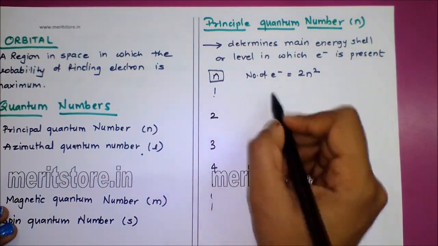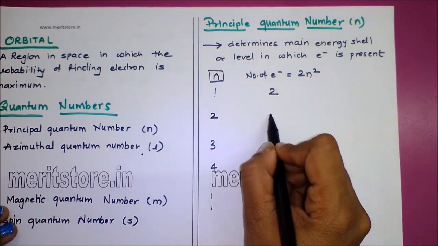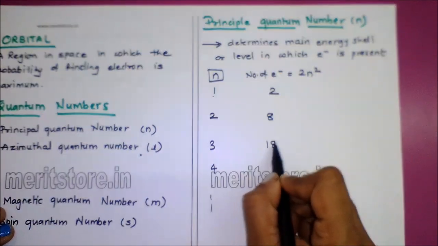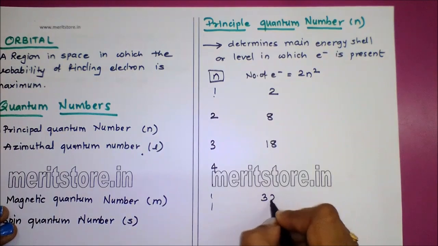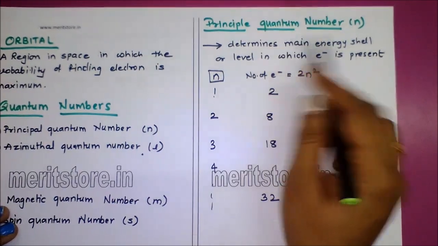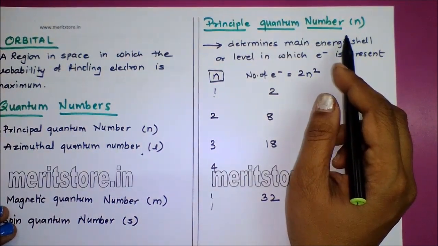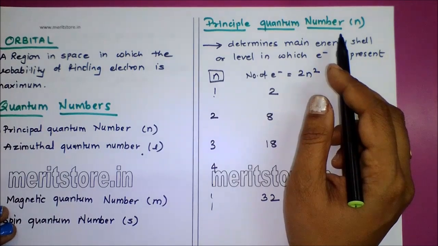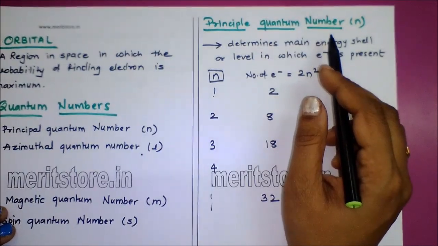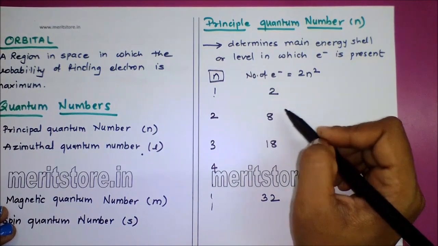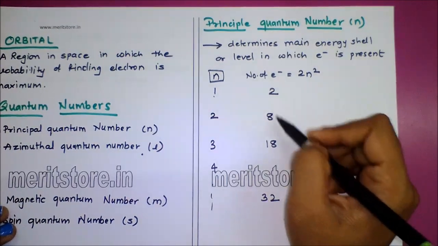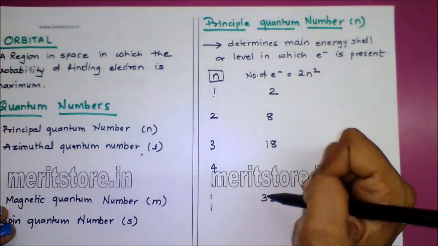Now for the first shell, this will be 2, for the next 8, then 18, and then 32. So from the principal quantum number, we are not just getting idea about the energy shell in which the electron is located, but we also get idea about the number of electrons which are present in each shell.